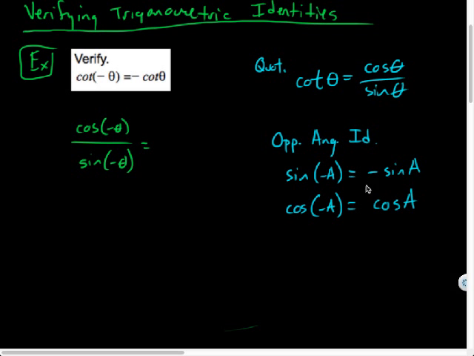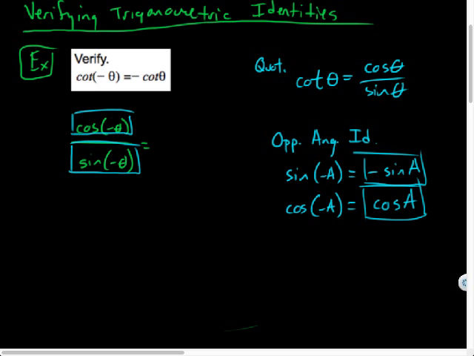Sine disagrees with itself. So that means I would be able to use this and this to replace this and this. So cosine of negative theta should equal cosine of theta, and sine of negative theta is going to equal negative sine of theta.